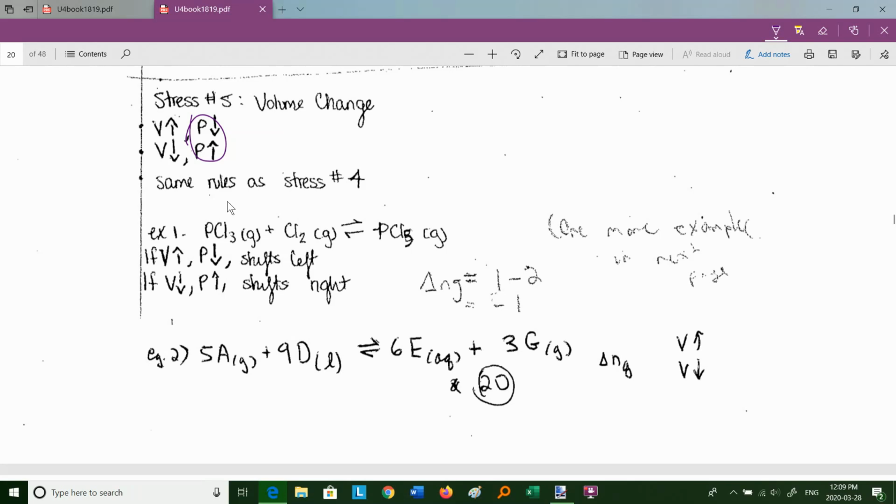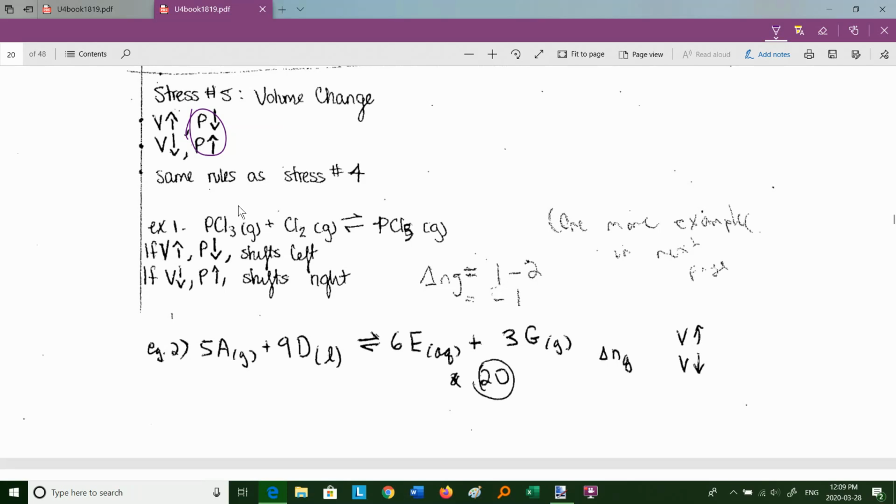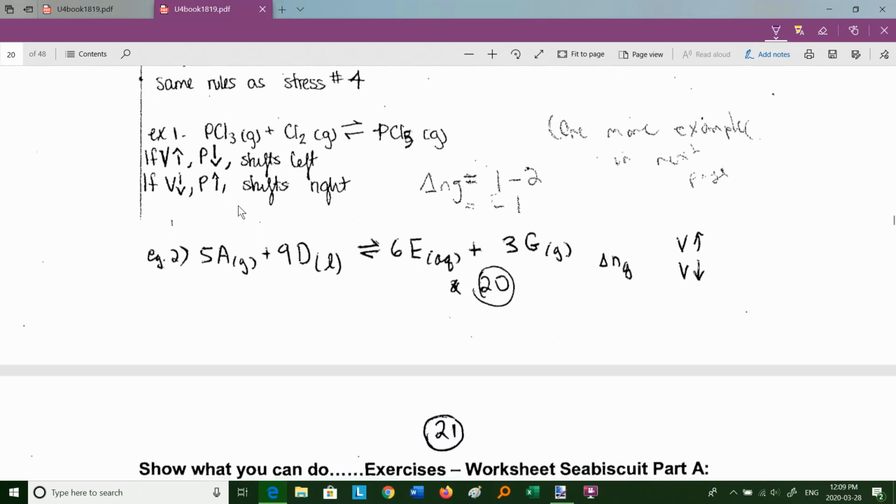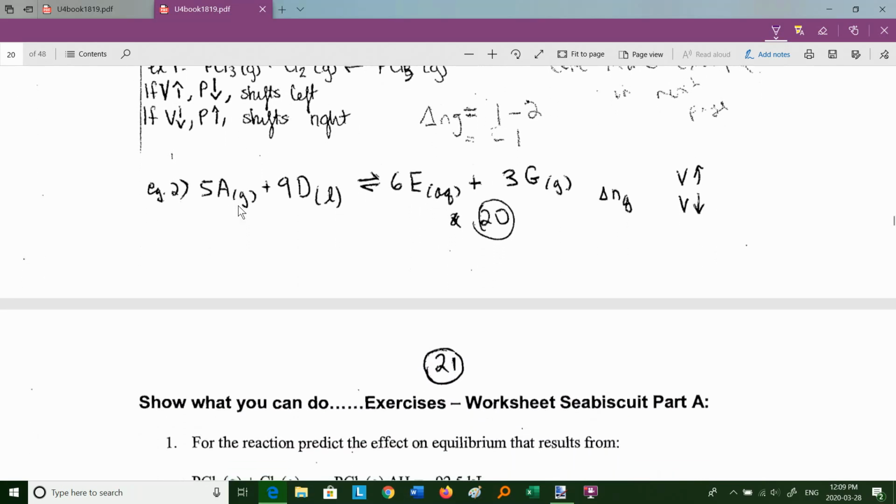Example 2, I just scrolled in on the bottom there, and the reason I did that is to show you sometimes you have mixtures of phases. You don't all have the same phases. So I got 5A gas plus 9D liquid goes to 6E aqueous plus 3G gas. So if I increase the volume, then the pressure goes down, and I want to go to the side with more gas mole coefficients, right?